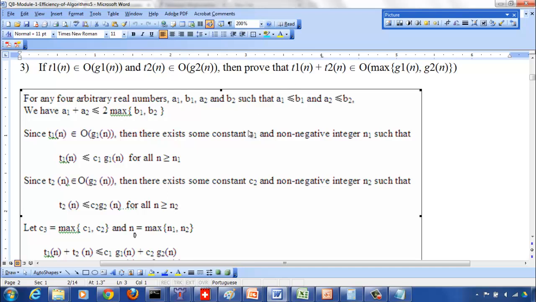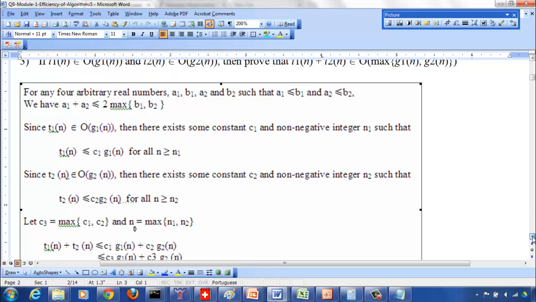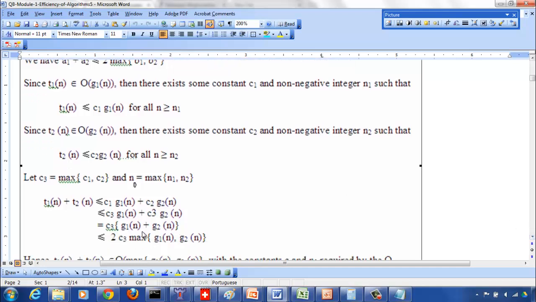Now, t1 plus t2 is what we want to find, right? So let's introduce two constants: c3, which is the maximum of c1 and c2, and n0, which is the maximum of n1 and n2.